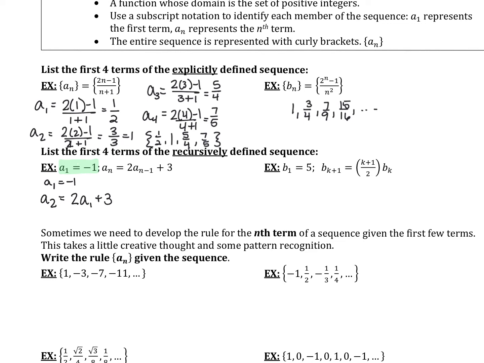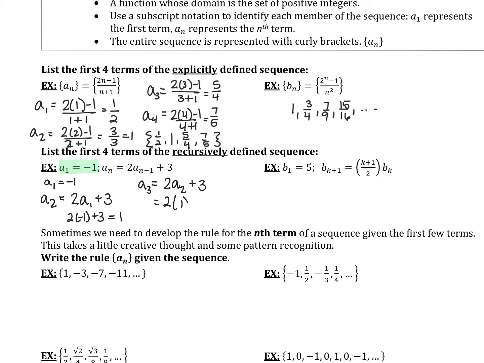You can see that from this very definition, I need to know the term before it. So I need to know that -1. So 2 times -1 plus 3 gives me -2 plus 3, which is 1. And then I'm going to continue on that pattern, a sub 3. I would need to know 2 times a sub 2 plus 3 to be able to solve this. So we would have 2 times the term before it.